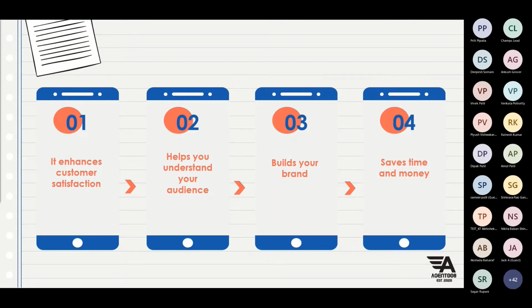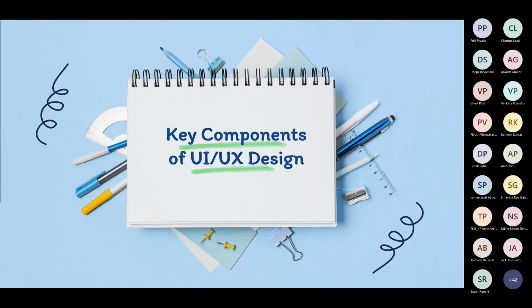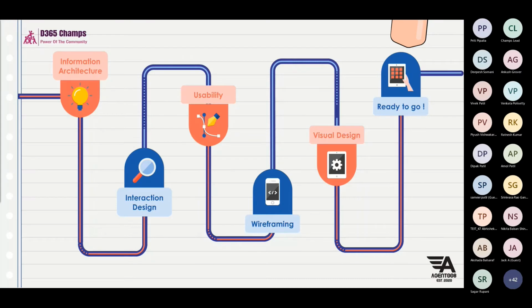So let's move to the second part of our session today. What are the key components of user interface and user experience design? Let me show it to you and explain it in the easiest way. There are some core components of user experience design and user interface design.